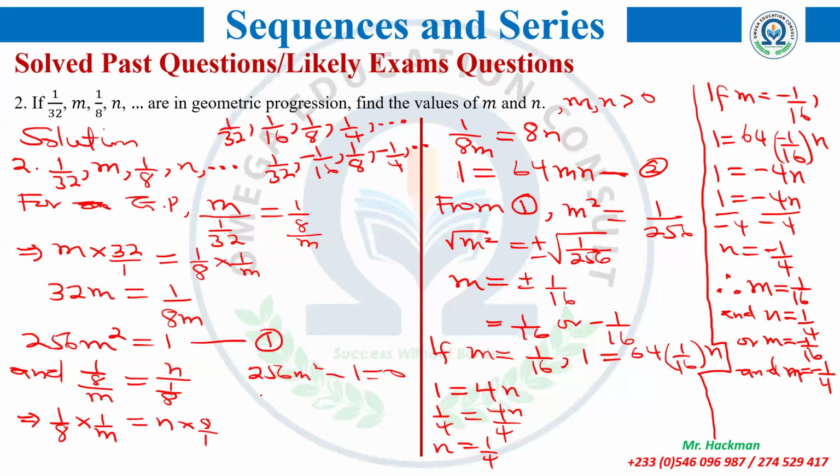You know that is the same as 16M all squared minus 1 also squared is equal to 0. So you can use 16M plus 1 into 16M minus 1 is equal to 0. Then you end up getting the same result if you solve. That's what I wanted you to know.